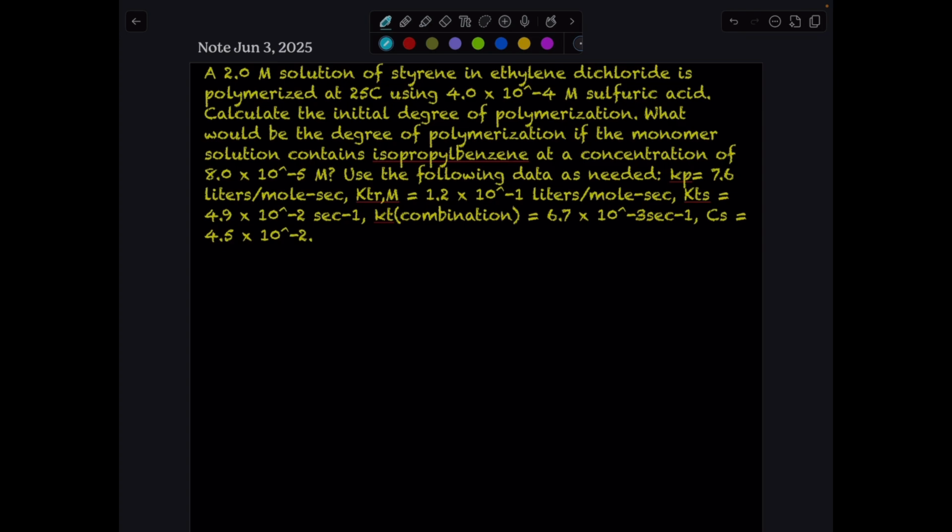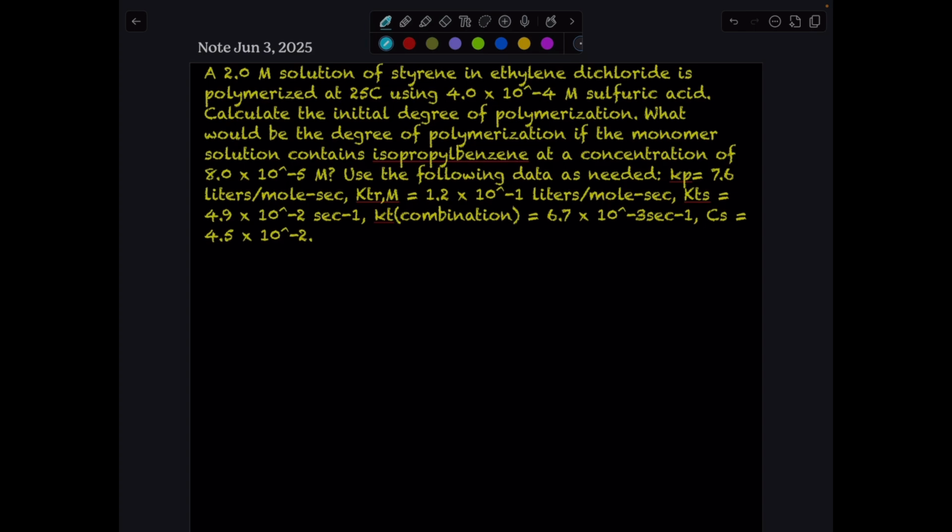Kp, the rate constant of propagation, is 7.6 liters per mole second. Ktr,m, which is the rate constant for chain transfer to monomer, is 1.2 times 10 to the negative 1 liters per mole second. Kts, which is the rate constant for chain transfer to counter ion, is 4.9 times 10 to the negative 2 per second.